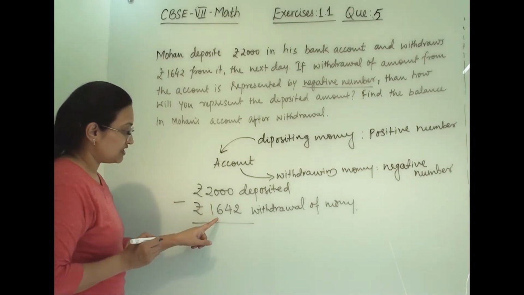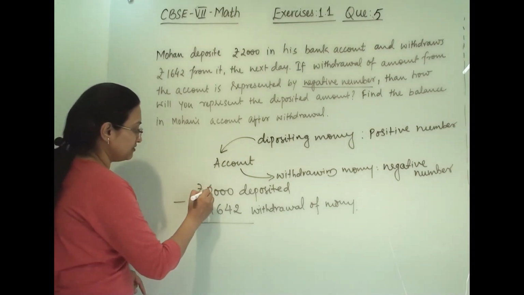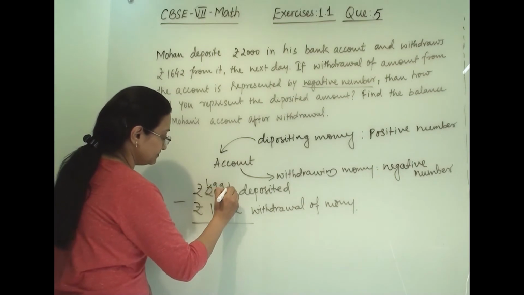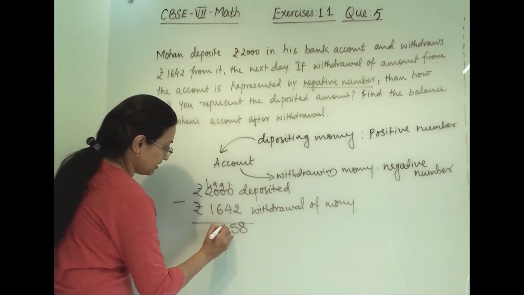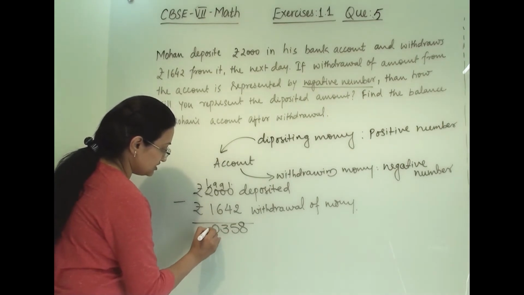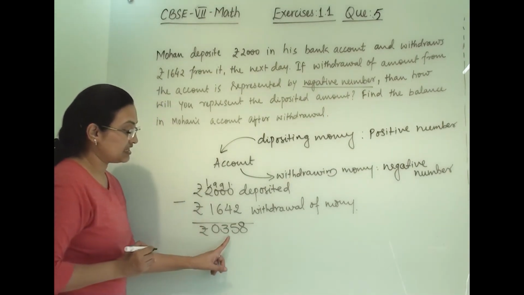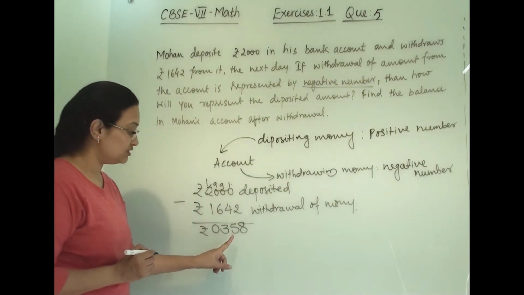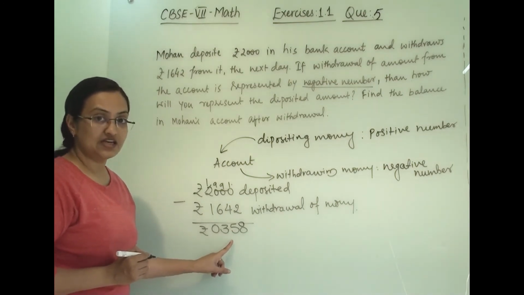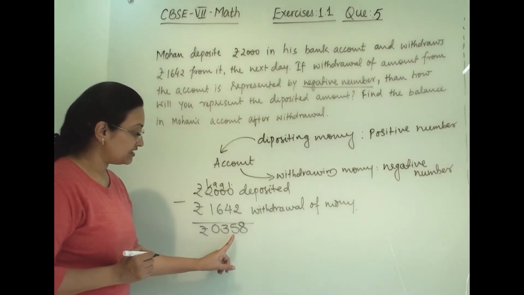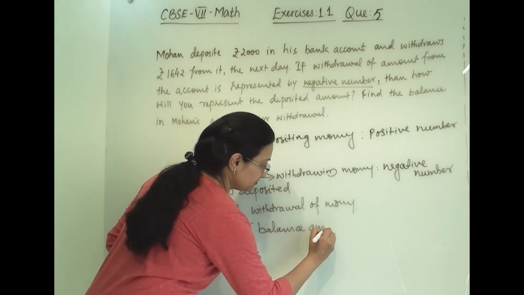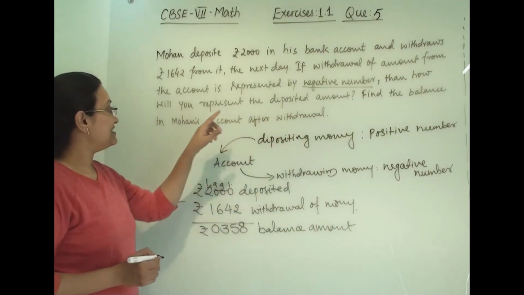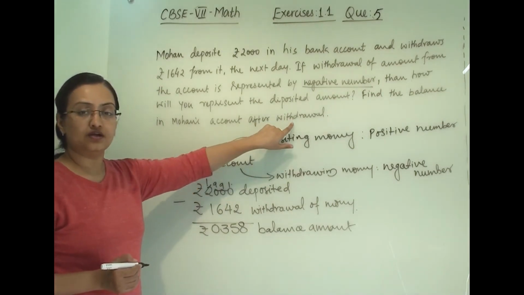From 2000 we are subtracting this, so here we will get 358. So this much will be the balance. 358 rupees will be the balance in Mohan's account after withdrawal.